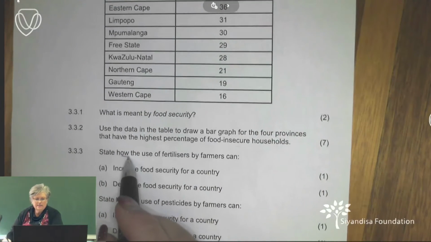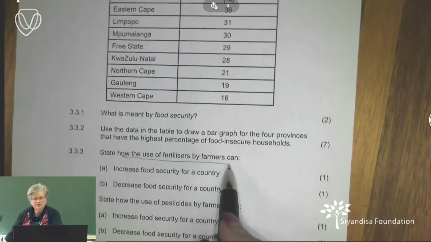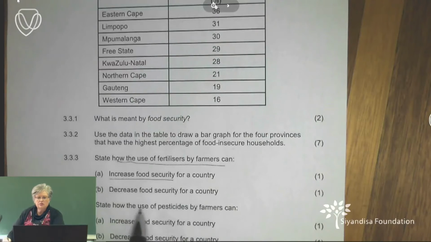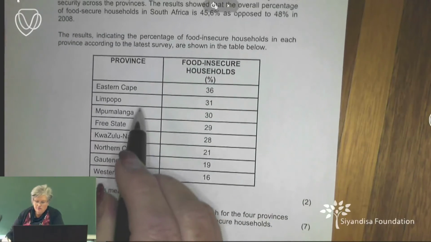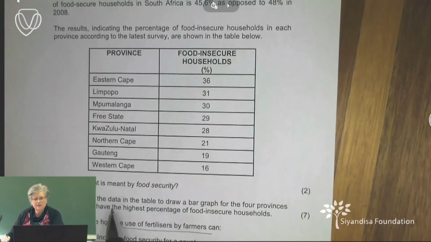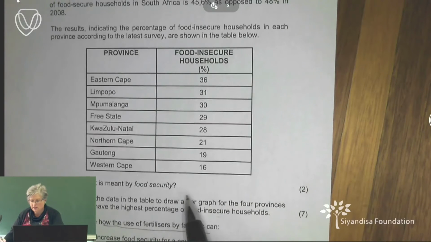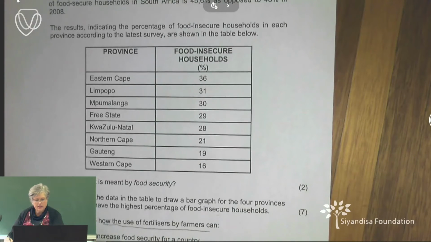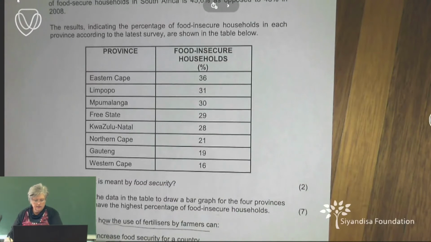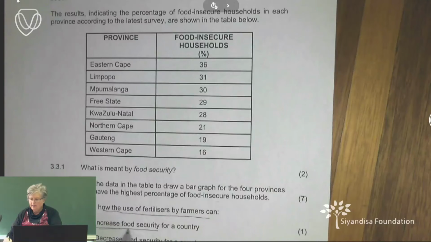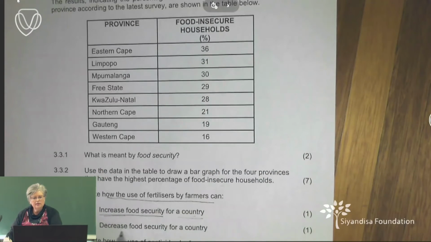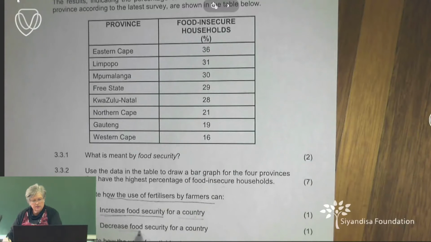It says, state how the use of fertilizers can increase food security. So now you must know food security means that there must be enough food for everyone at all times. How will fertilizers increase food security? It will increase food security because we will get better crops if we use fertilizers. How will it decrease food security?